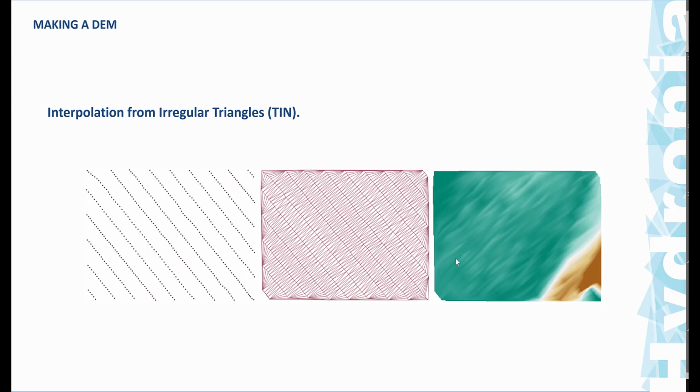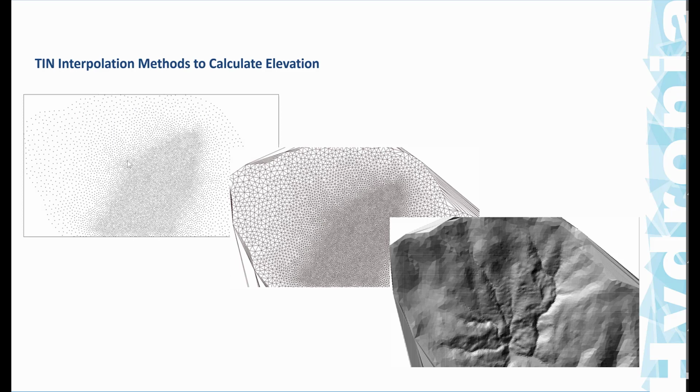The resulting pattern is much smoother than in the inverse distance weighting method, and this, I would suggest, is one of the advantages of the triangular irregular network method. Using the second data set that I showed before, this is the triangulation you get out of this set of points, and you see the terrain here is much more accurate.